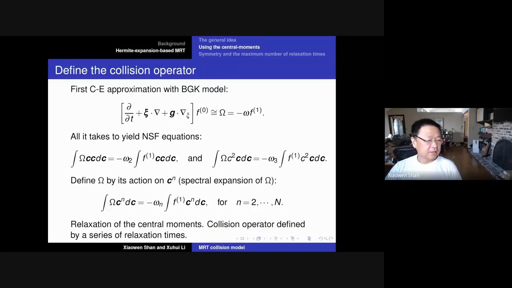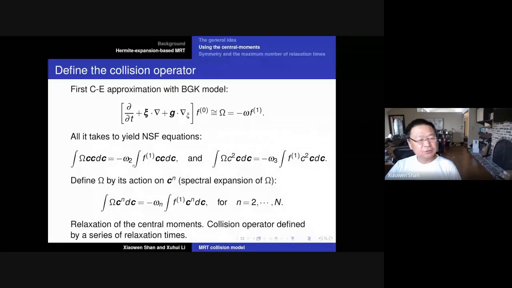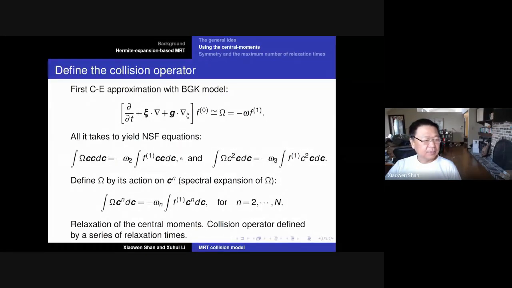If you do that, then we go back to the so-called first order Chapman-Enskog with the BGK model. It boils down to the top of the line expression. Actually, if you look at the statistical mechanics textbook by Huang, for example, the procedure involved in this derivation only requires that the collision term satisfy these two conditions.